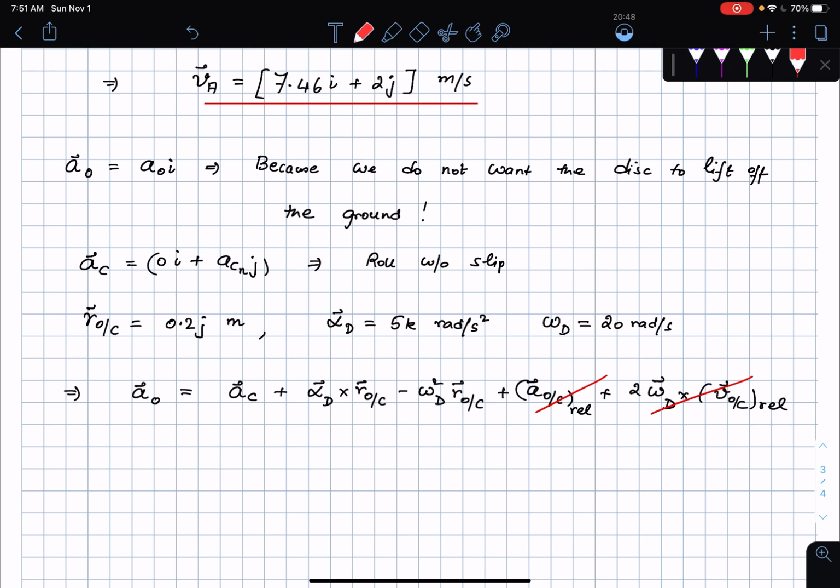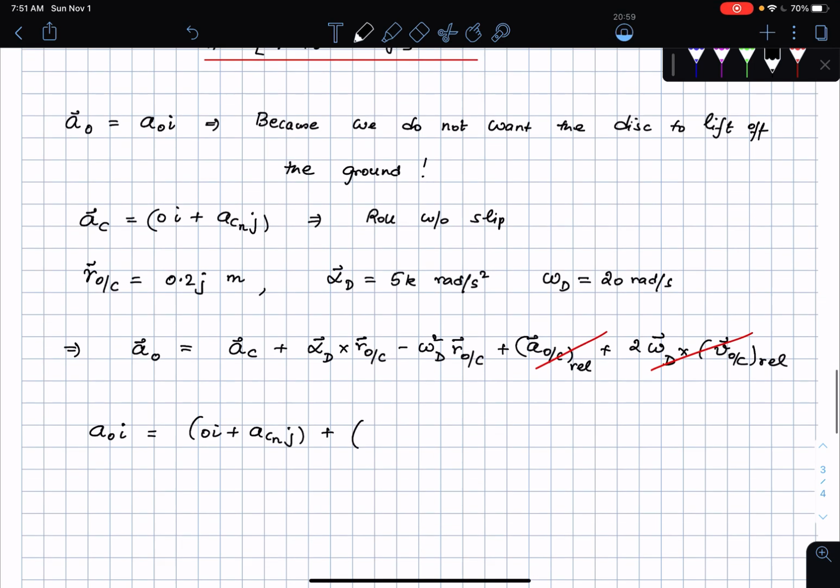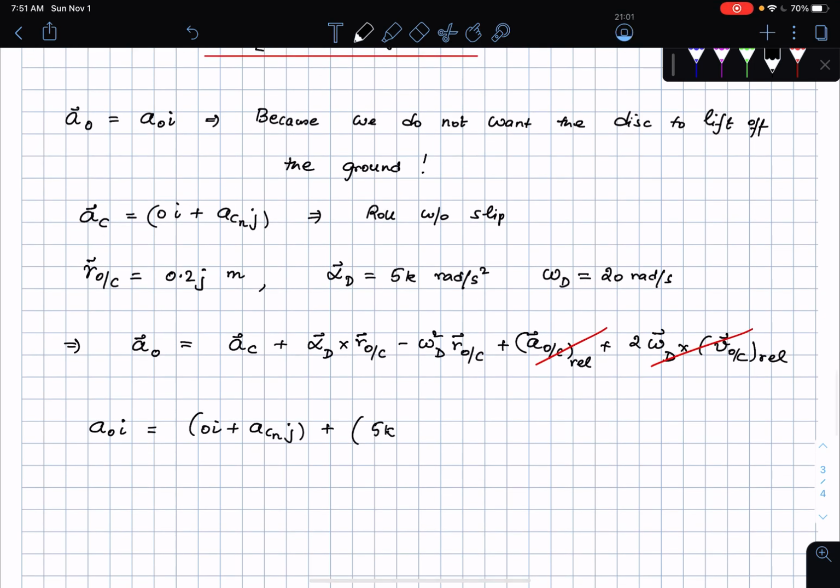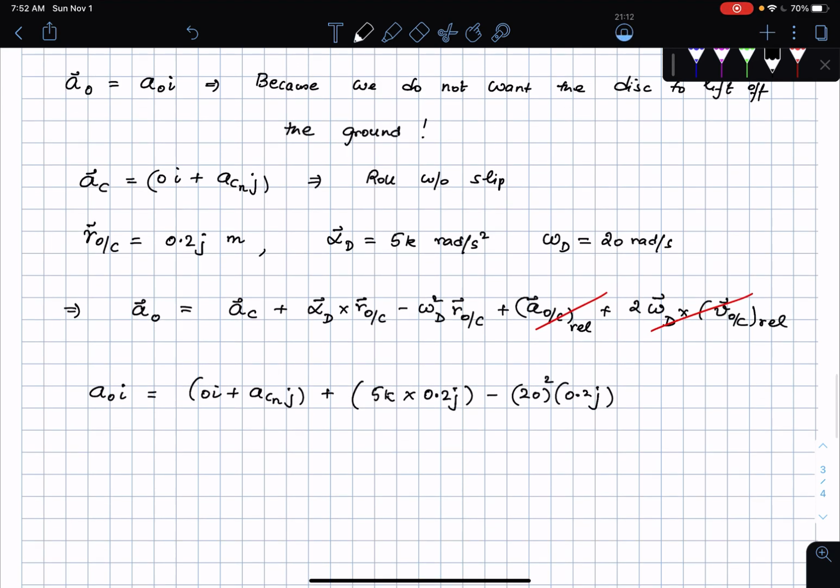Then I just do the substitutions. A0 is A0 in the I direction, AC is 0I and then ACN in the J direction. Alpha of the disk is going to be 5k crossed with 0.2j minus 20 square times 0.2j. That 0.2j is RO/C.